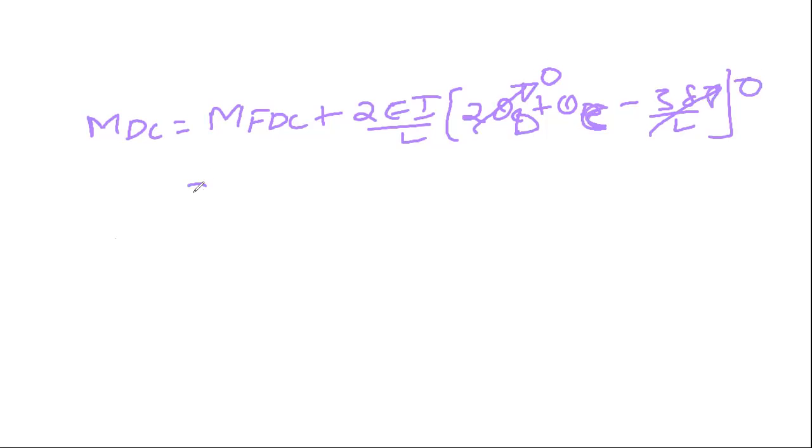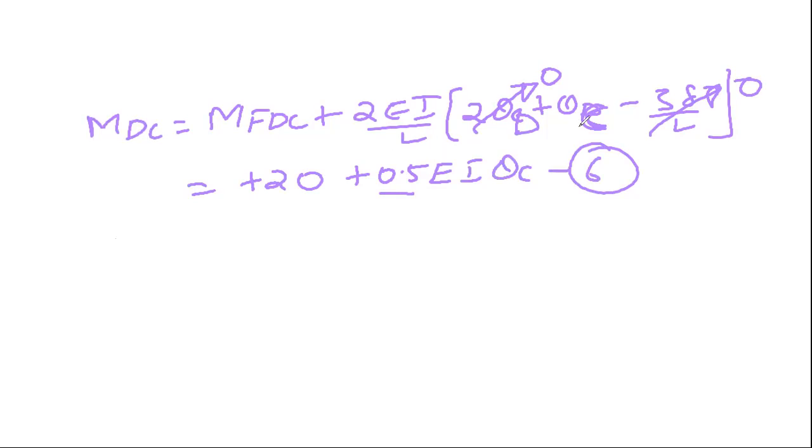So this will become plus 20, and this will become 0.5 times of EI theta C. So this is your equation number 6. So why did I get 0.5? This value L is 4, 2 by 4 is 1 by 2, that is 0.5 EI times of theta C.